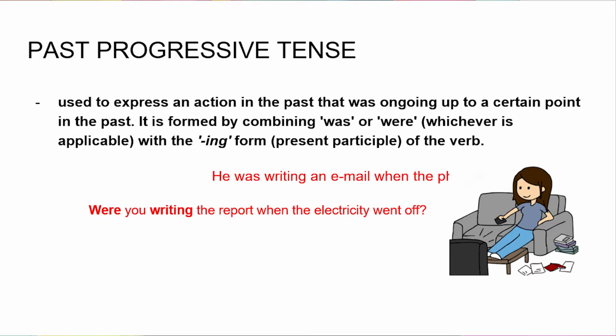Another thing, if it's in a question form, were you writing the report when the electricity went off? Take note, it's were, even if it's singular, because you and I is an exception for the word were. Okay? So, were you writing the report when the electricity went off? So, the certain point or yung hangganan ng action ay nung namatay yung electricity.